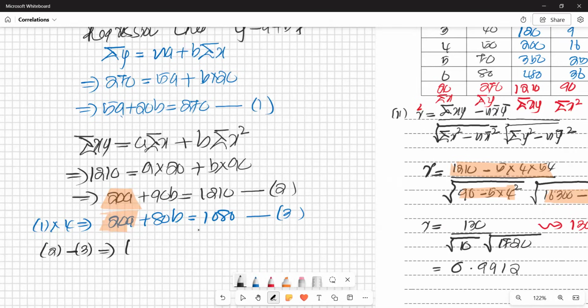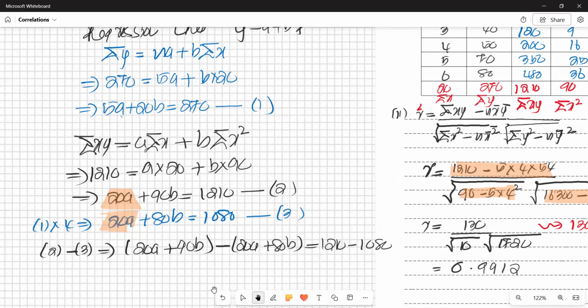Second equation, 20a plus 90b, minus 20a plus 80b. Right hand side, 1210 minus 1080. Please check my simplification.